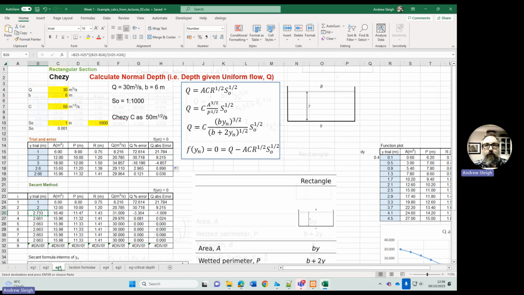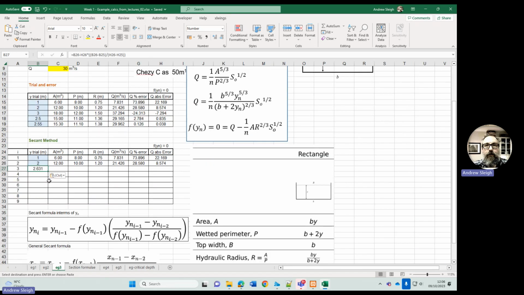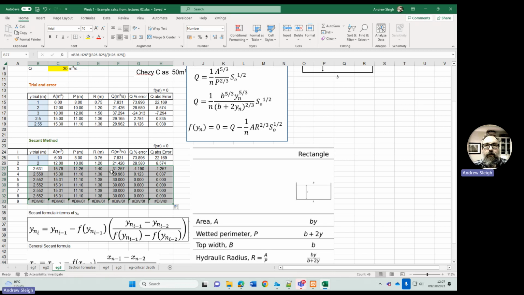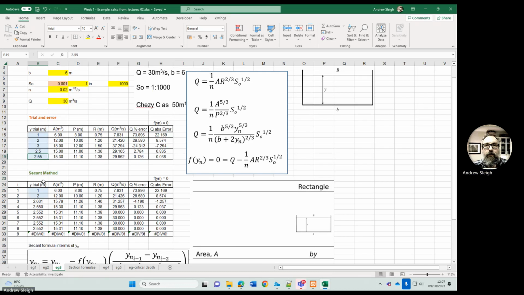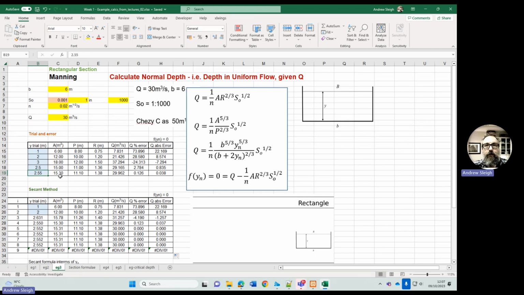We can copy it from the table before, type it in. So that's the guess this time. We can drag that row down. We can now drag all of those rows to the bottom. And we see that very quickly it converges to 2.552. Pretty similar to the trial and error method above.